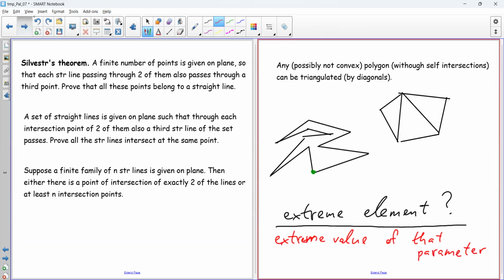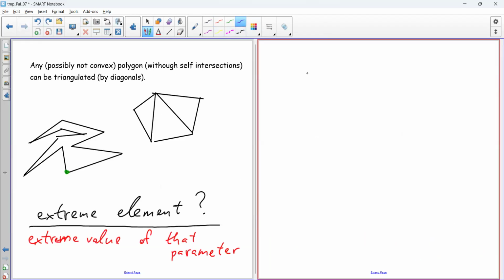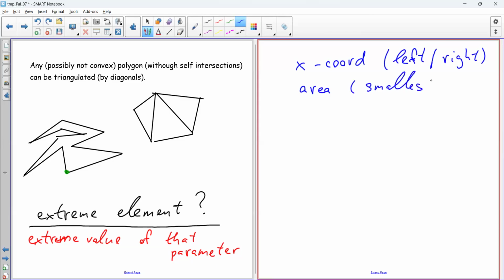That may be the x coordinate, right? So left, right. That may be area, smallest area. What else? Length.